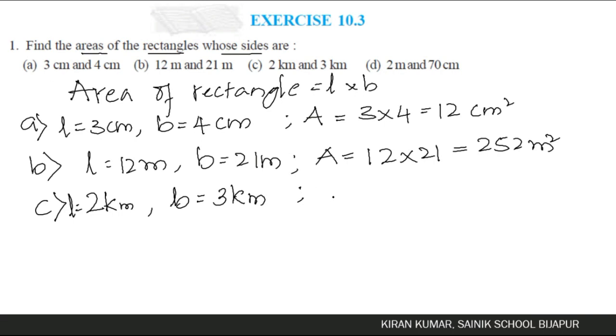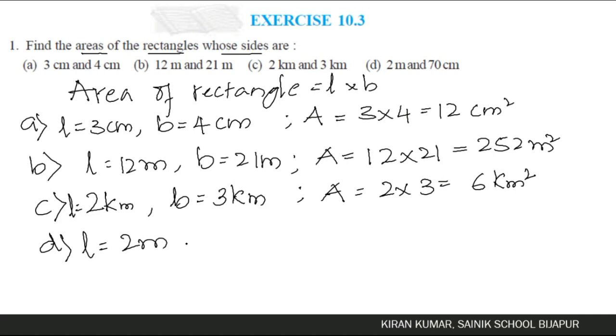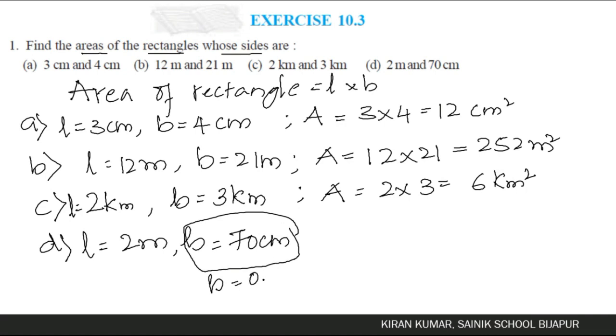So the area will become 2 times 3, 6 kilometer square. In the fourth, length is given as 2 meter and breadth is given as 70 centimeter. This centimeter I need to convert now, so it becomes 0.7 meter. So the area will be 2 times 0.7, which is 1.4 square meter.